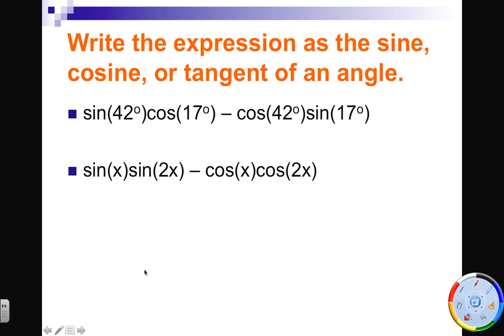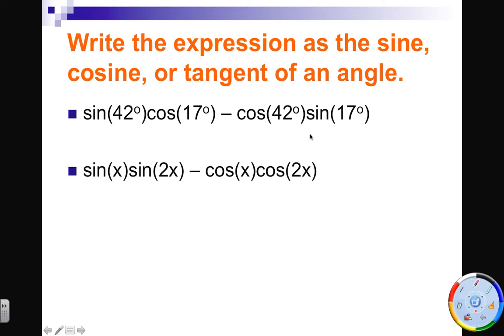All right. I could do the other direction here, and obviously this is just practice using the sum and difference identities. I look at this particular first one here, and I say, okay, sine times cosine minus cosine times sine.